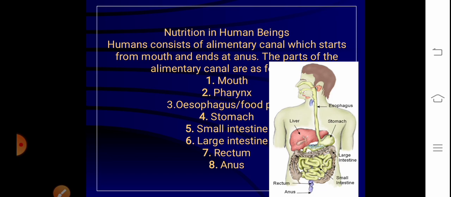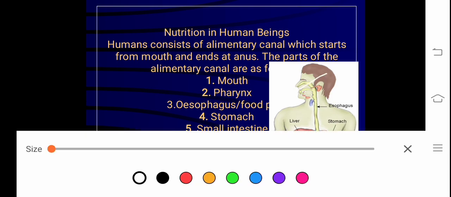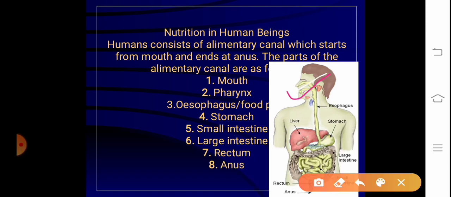Okay, next, under heterotrophic mode of nutrition, we have learned about the nutrition in human beings, how the digestion process takes place in the human beings. Now let us quickly understand the parts which are involved in the human digestion, that is the overall parts of the alimentary canal. Okay, the human alimentary canal consists of the mouth, and the esophagus. What is esophagus? It is the food pipe.